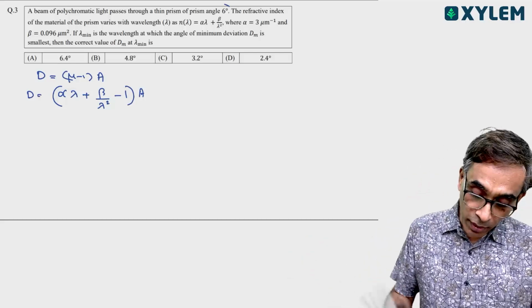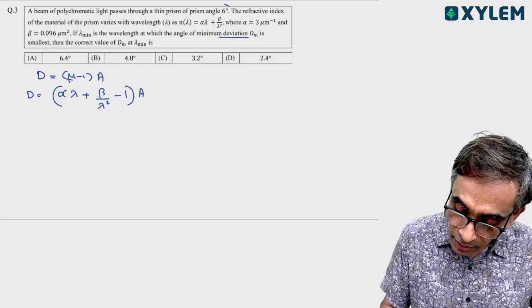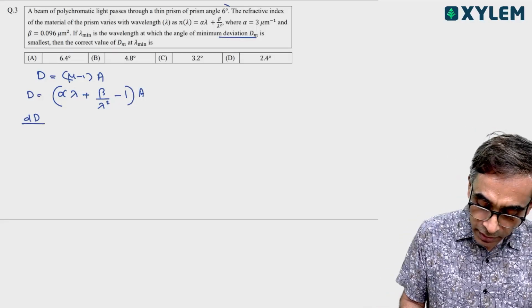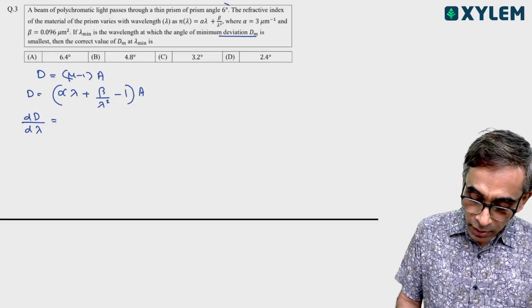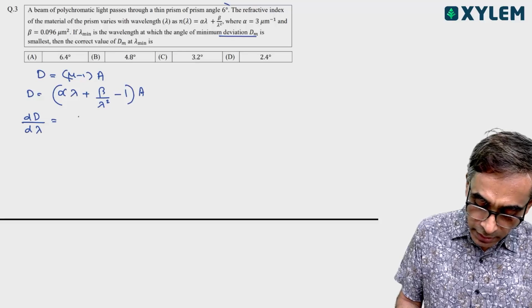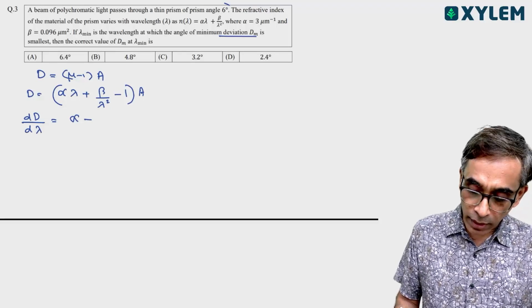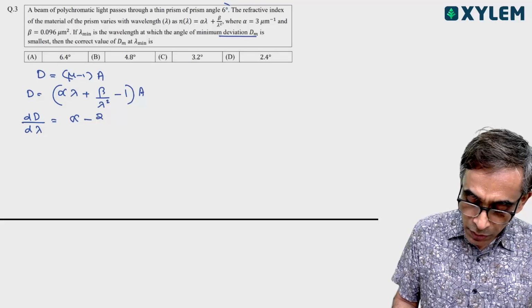Now we want the minimum deviation to be minimum. So I'm writing, wavelength is the variable, so dD divided by d lambda, that's the condition for minimum, equals, with respect to lambda, alpha plus beta by lambda square gives alpha, and beta by lambda square gives minus 2 beta by lambda cube.